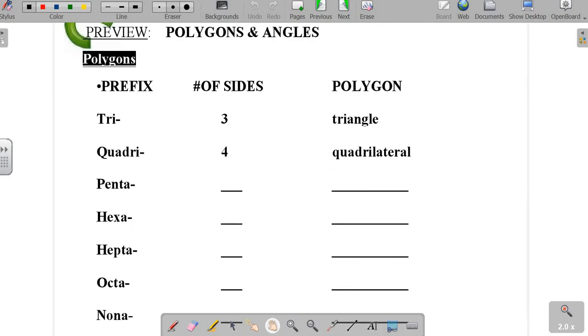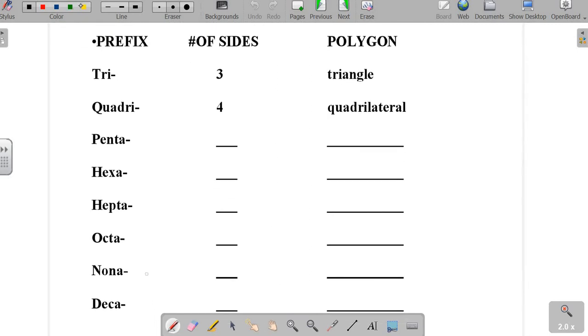So let's do a quick review of our prefixes that you should be familiar with. A 3-sided shape, prefix tri, and of course we call that a triangle. Quadri, quadrilateral. Then we start working our way up.